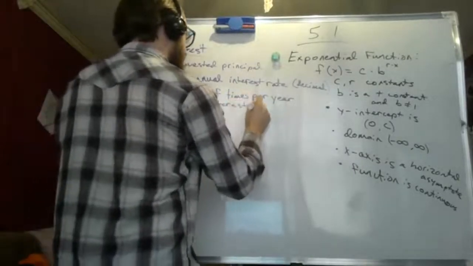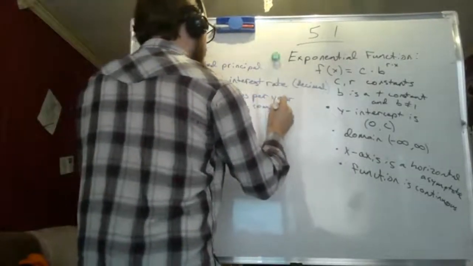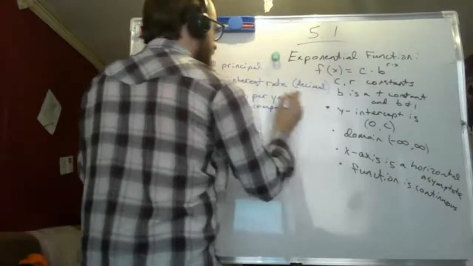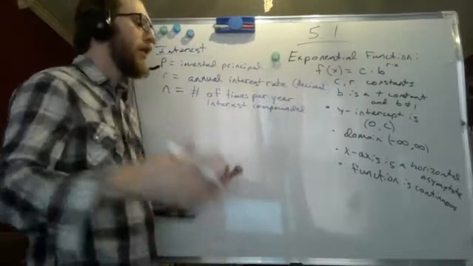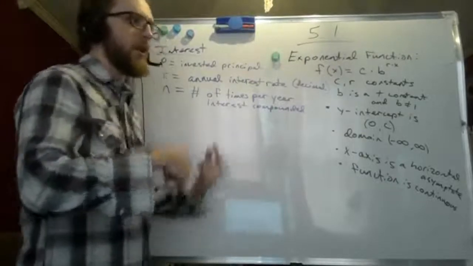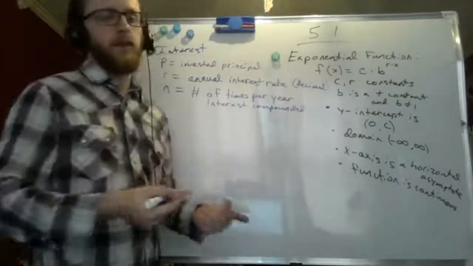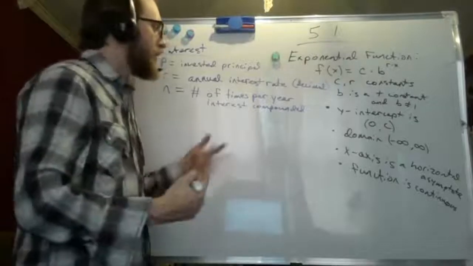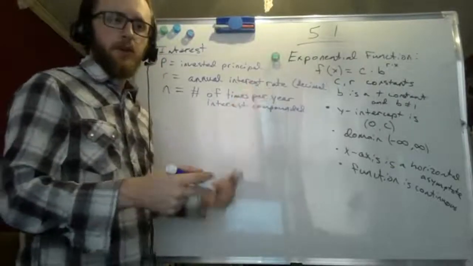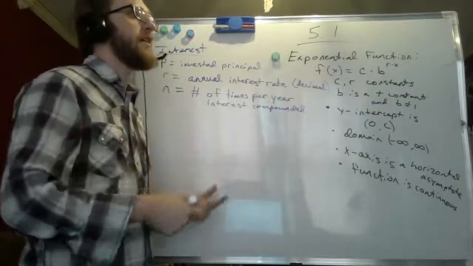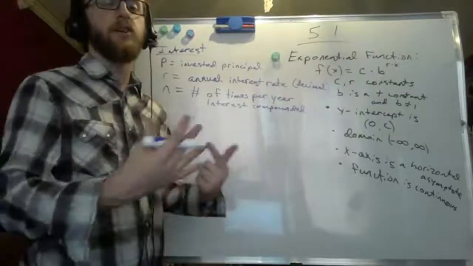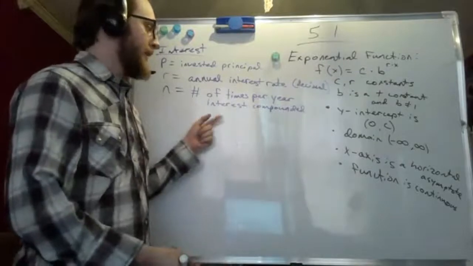And this comes into play because depending on your bank and depending on the question, sometimes a bank might say, oh, we compound interest quarterly, or oh, we do it monthly, meaning every month you gain some interest, or quarterly, which would be 12 divided by 4, that's every 3 months, or 4 times a year that it gets compounded.